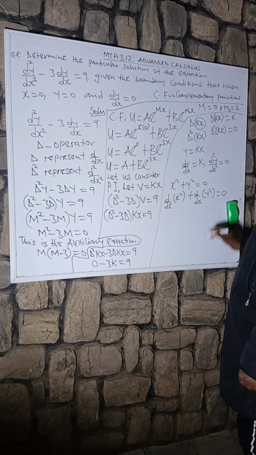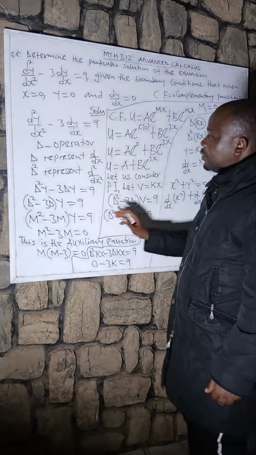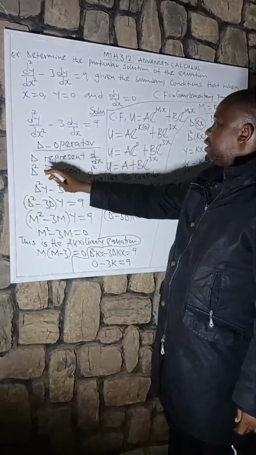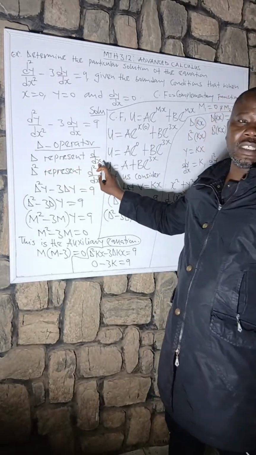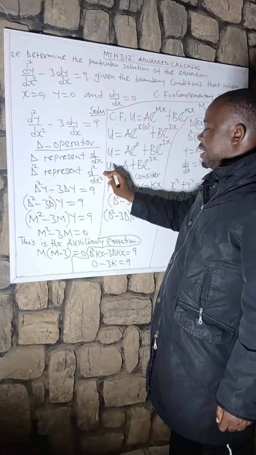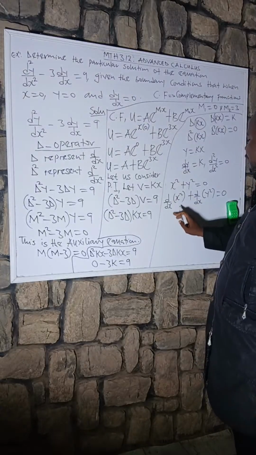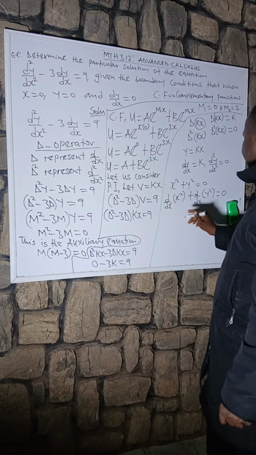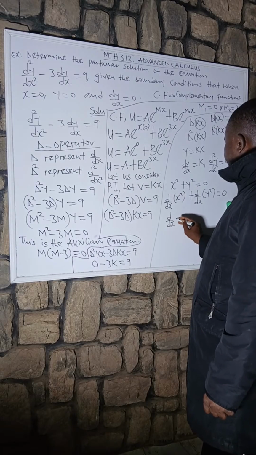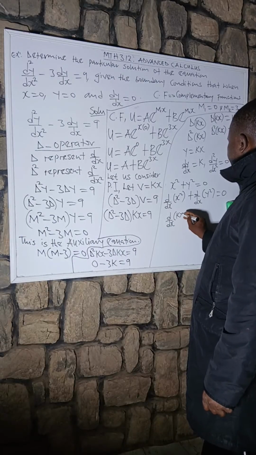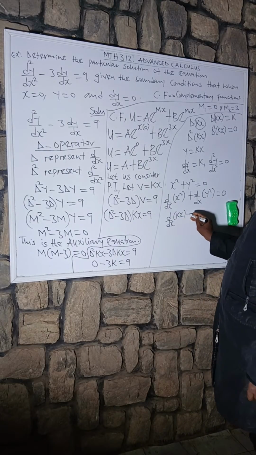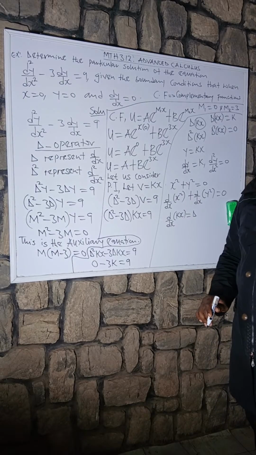From the beginning, I explained all this. Look at it here: D represents d all over dx. Then D squared represents d squared all over dx squared. So as we have d all over dx of kx, it means differentiate what is here, and already this is the same thing as D, true or false?